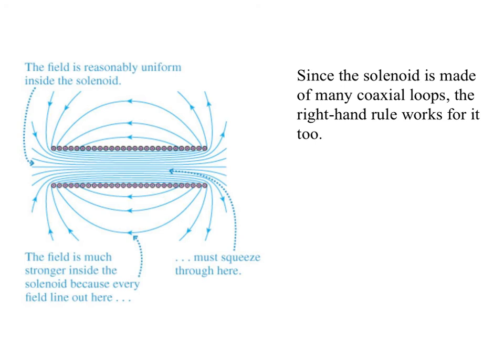And of course, since the solenoid is really just made of a bunch of coaxial loops, in fact usually a lot of coaxial loops, the right-hand rule will work for it as well, as you'd expect.